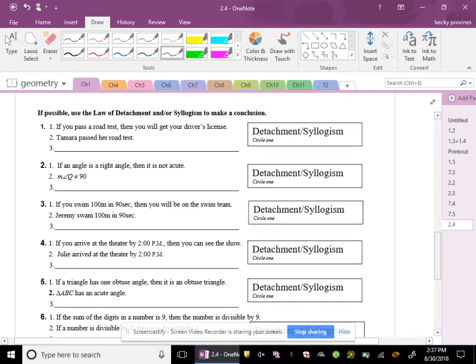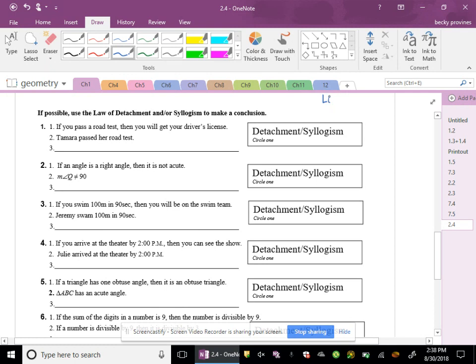Okay, so now we're to the point where we're going to have them all mixed up, either Law of Detachment or Law of Syllogism. We have to make the third step and write it in, and then state which law. There's a lot going on here, so I'm going to write a little cheat sheet on the side.